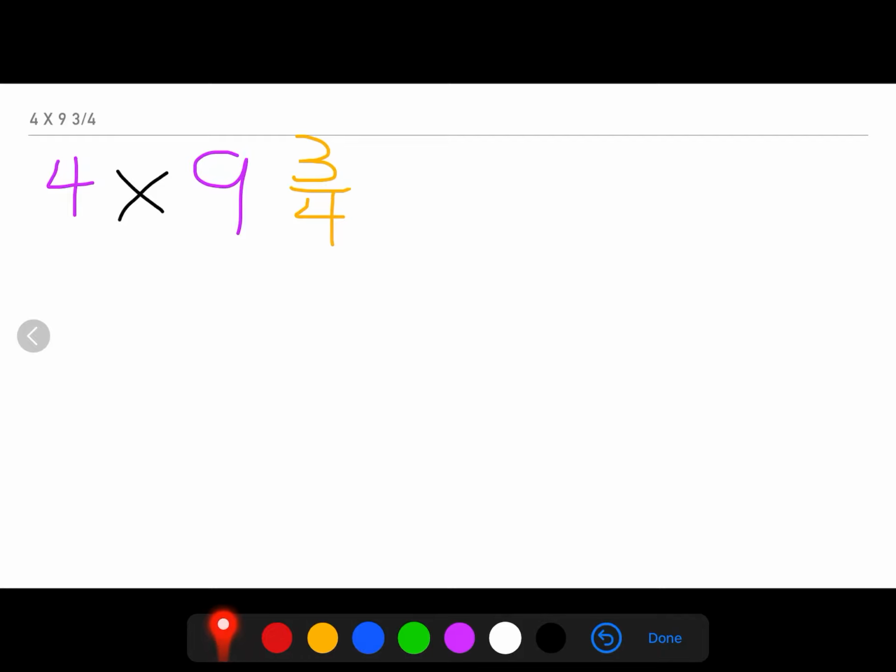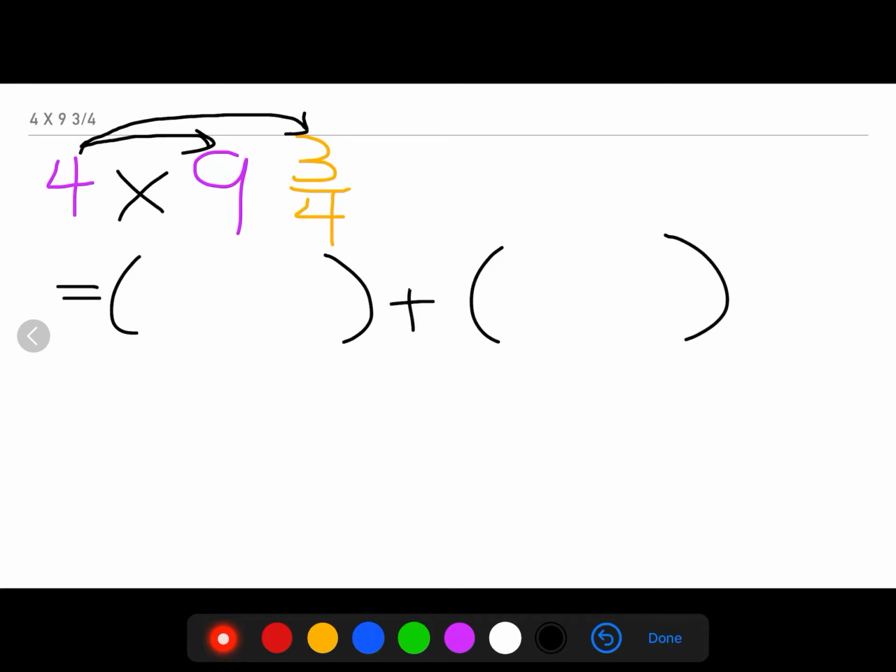You guys, I know that with the distributive property, I can now multiply each part of my mixed number by 4. So guys, what's going to be my first multiplication equation for my first set of parentheses?